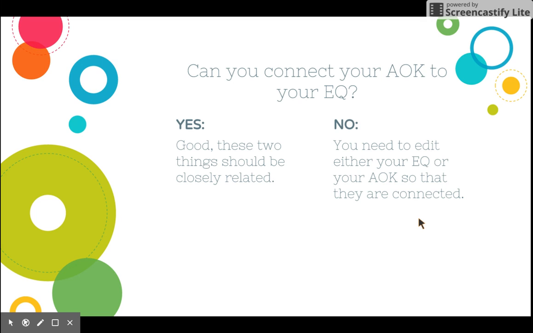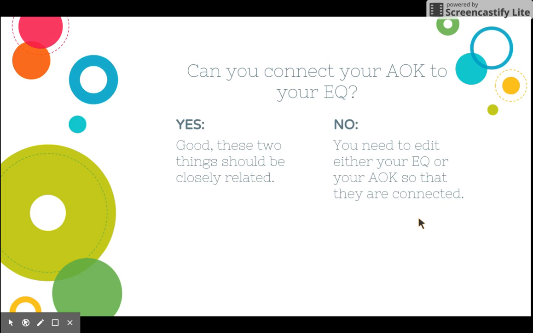So way back in the day when senior project started, we used to start with essential questions and then try to create applications of knowledge that work well. But over the years, what we've realized is that a student's approach to senior project really starts with the AOK. Students think to themselves, this is what I want to do, or this is sort of what I want to create.